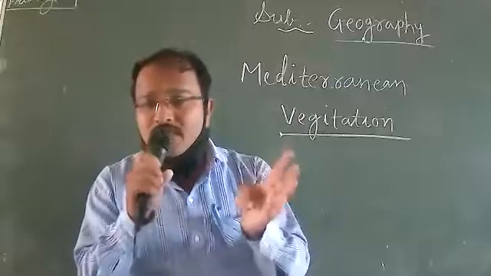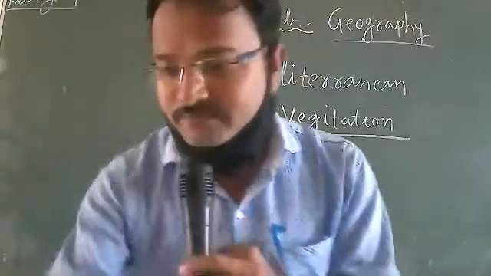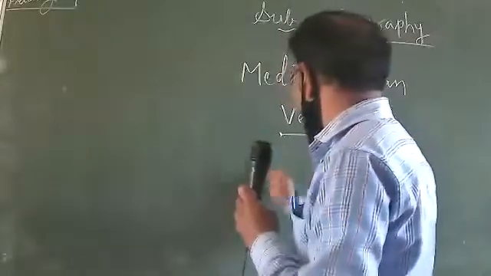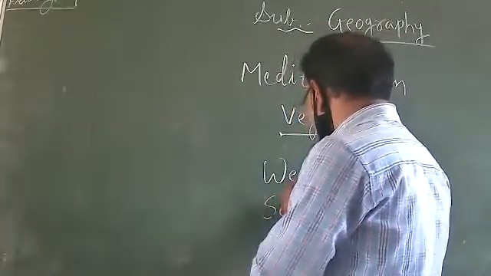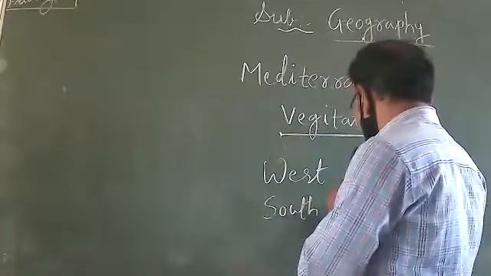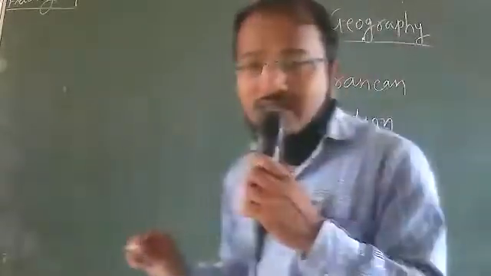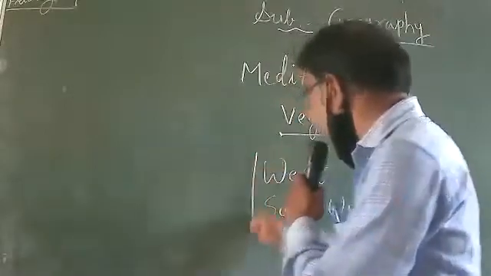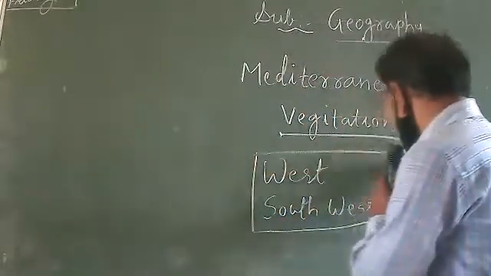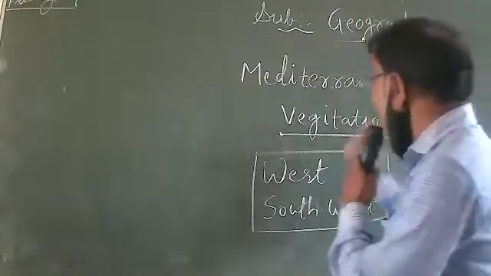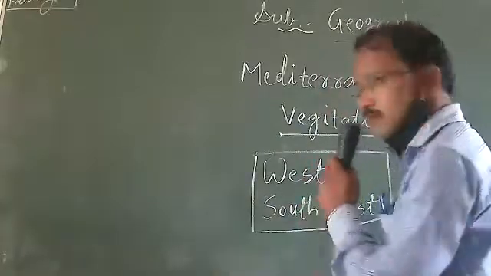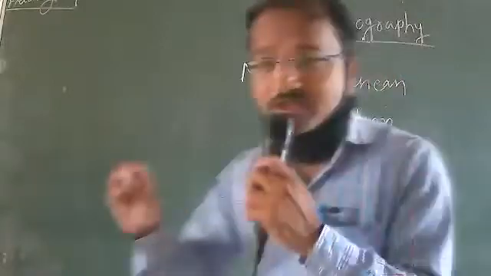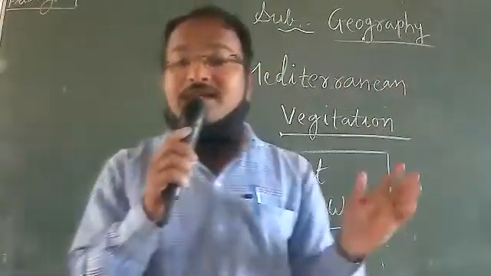So the west and southwest margin is covered with Mediterranean vegetation. This is a very important point. West and southwest margin covered with the Mediterranean vegetation.